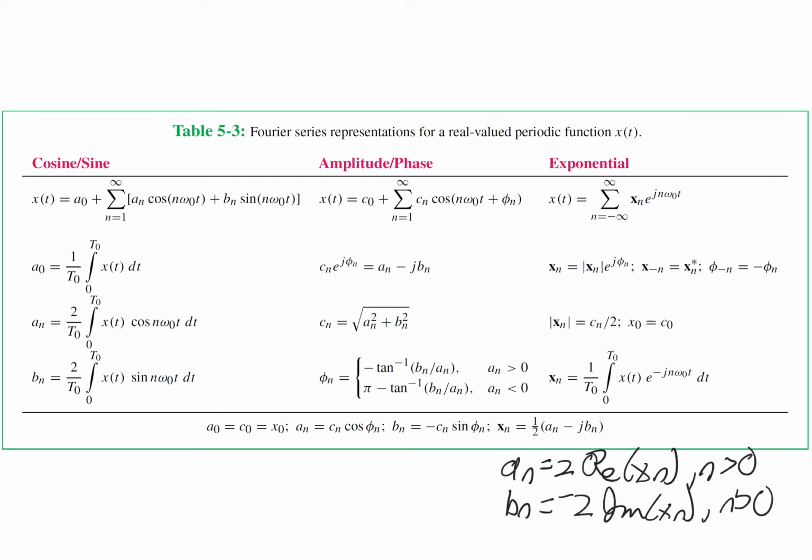That's when n is positive. When n is 0, I don't have the factor of 2. I simply have x of 0 equals a of 0.